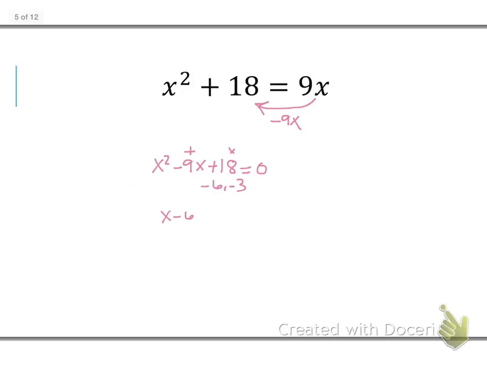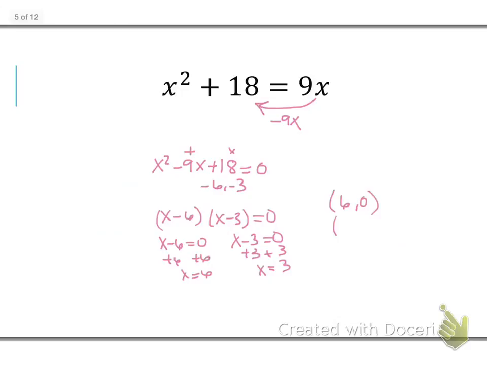So I'd write x minus 6, x minus 3. Now we can do our ZPP, so x minus 6 equals 0, x minus 3 equals 0. We add 3. We add 6. So that means I'd have one x-intercept at 6, 0 and my other x-intercept at 3, 0. So it'd be intercepting my axis at those two spots if I were to graph it.